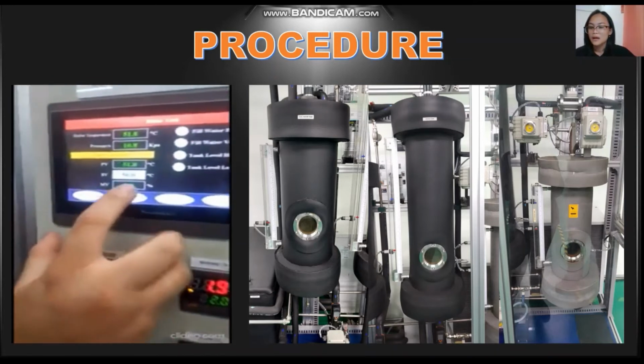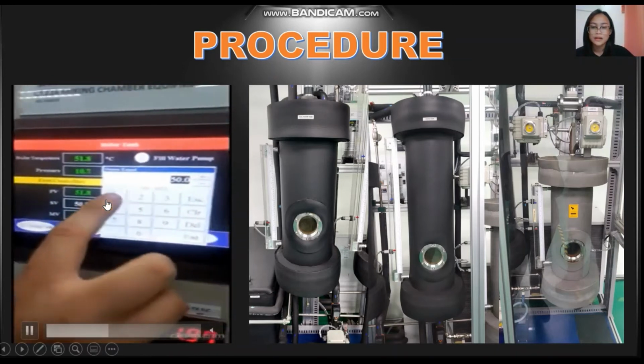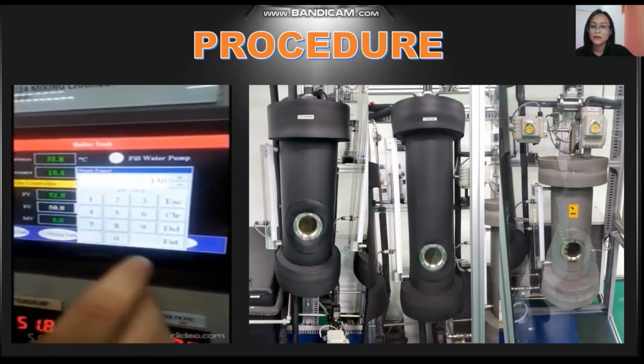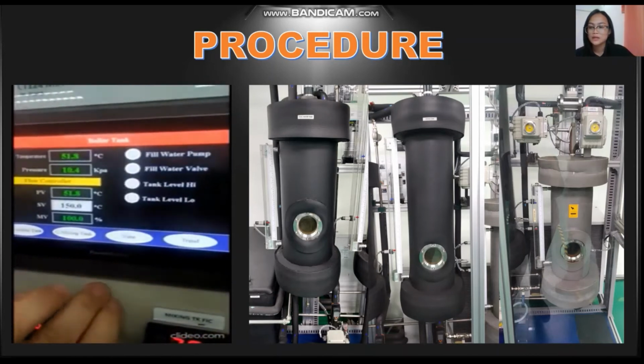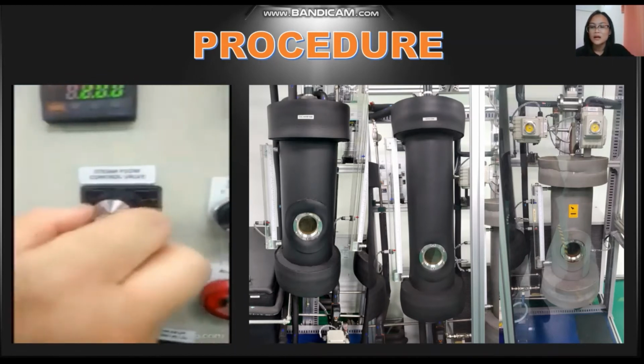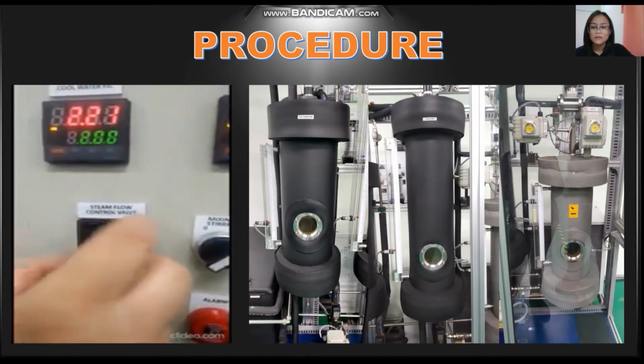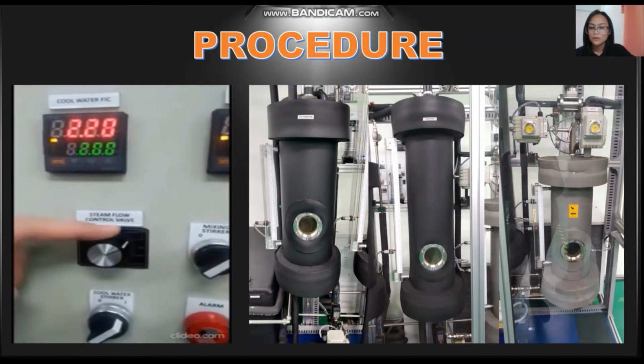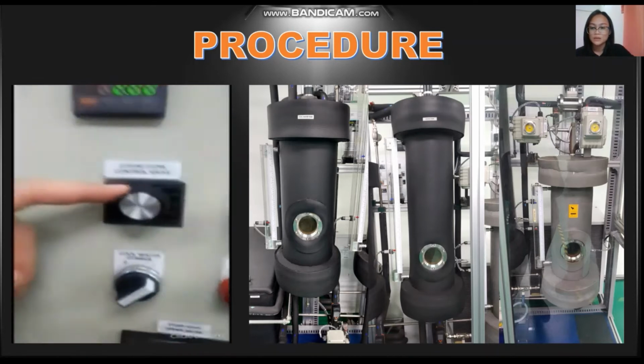Okay, at the boiler tank, we need to set the temperature of the boiler tank to 150 degrees Celsius, and turn the steam flow control valve to minimum, which is to negative.